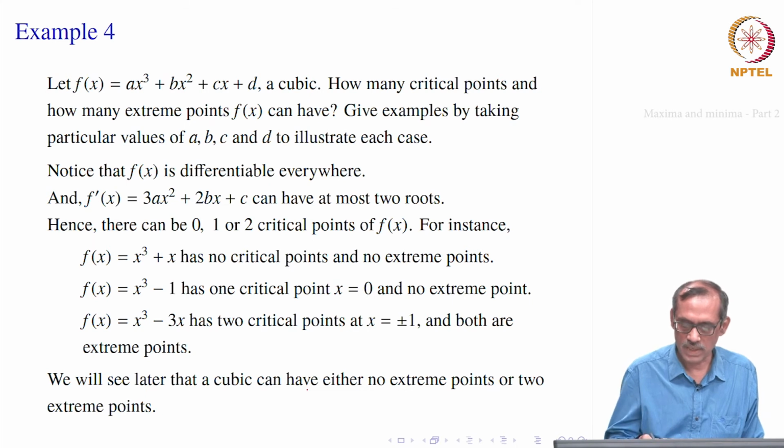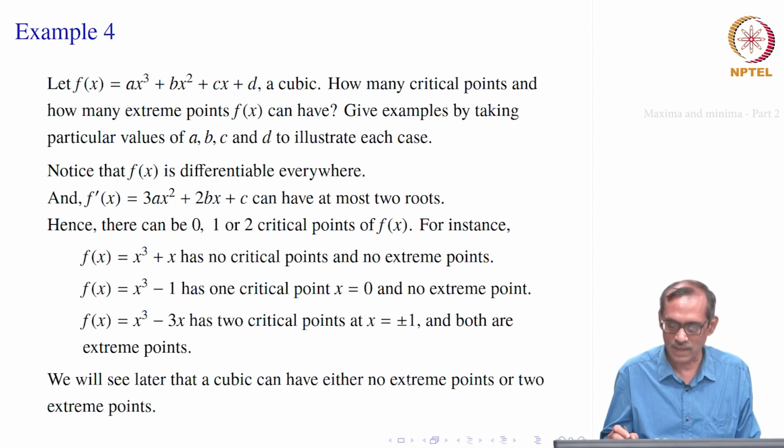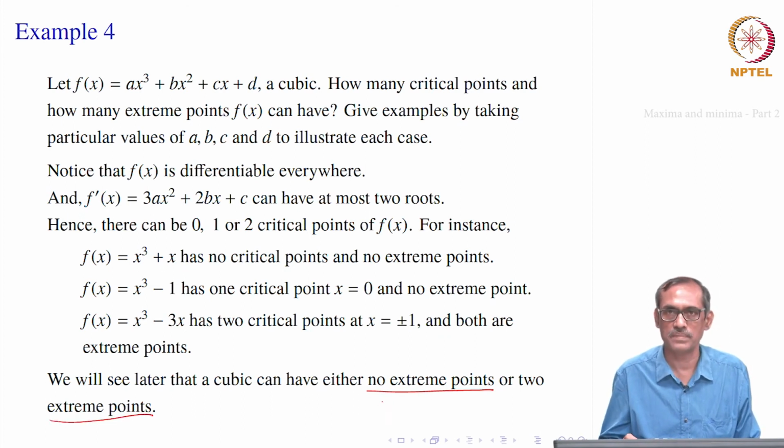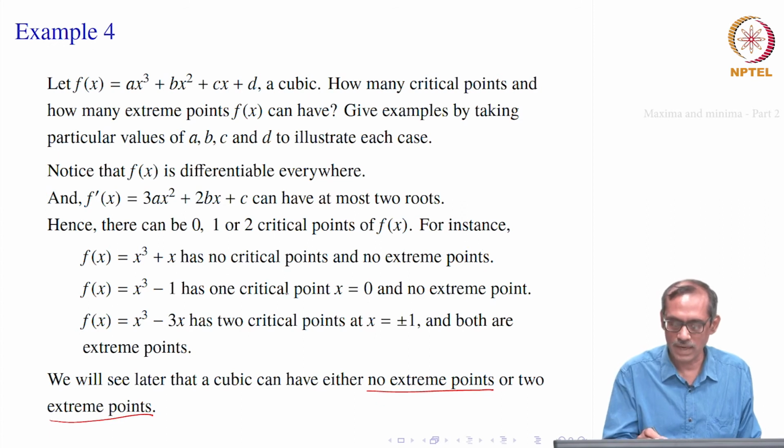A cubic can have either no extreme points, as the first 2 examples show, or 2 extreme points, as in the last one. For f of x equal to x cubed minus 1, the critical point is 1, in the middle, but it has no extreme point.